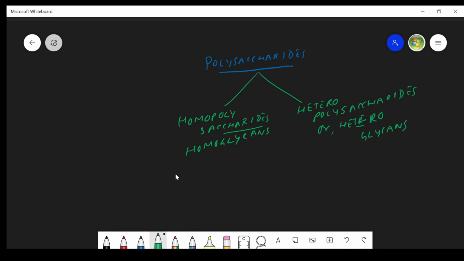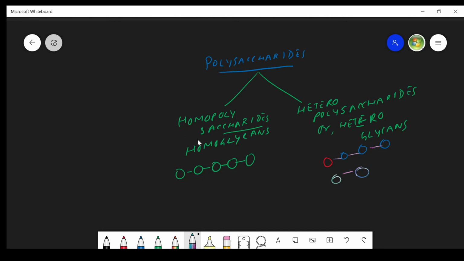Now homopolysaccharides are made up of identical monosaccharide residues, whereas heteropolysaccharides are made up of different monosaccharide residues.